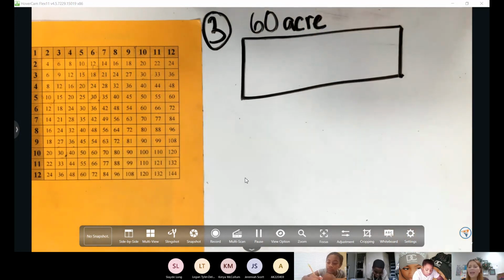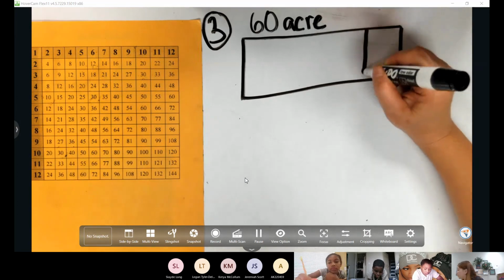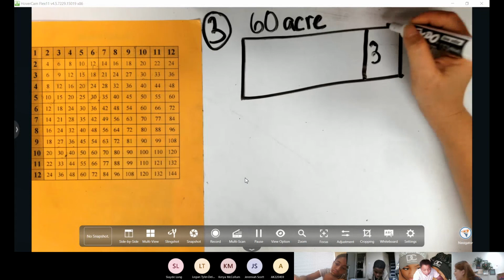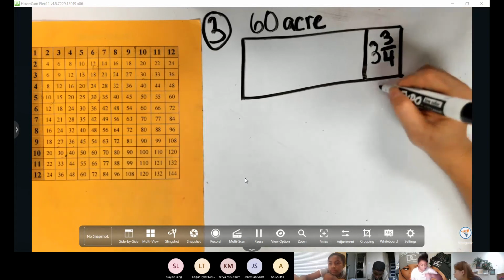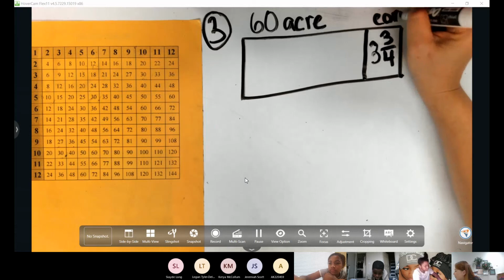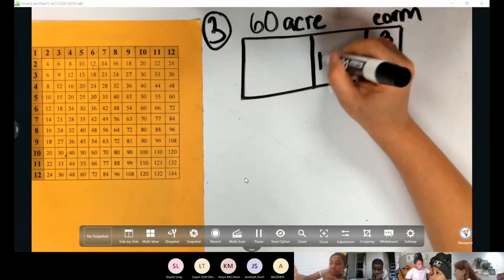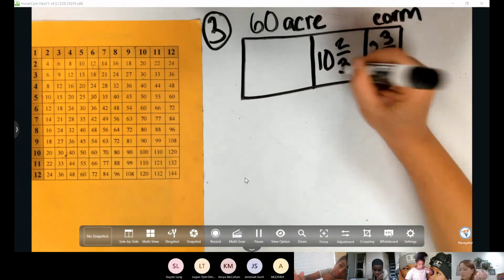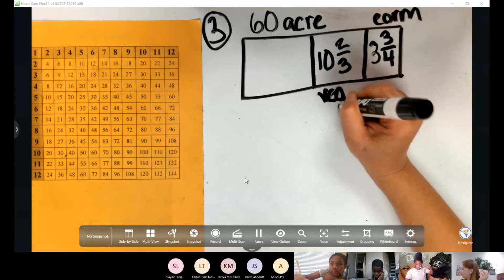Okay, and Xavier is going to use 3 3/4 of this land to grow, I don't know, corn. Okay, and then he's going to use another 10 and 2/3 to grow some vegetables.